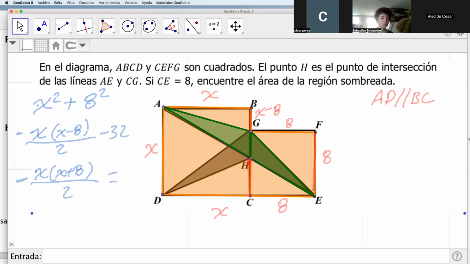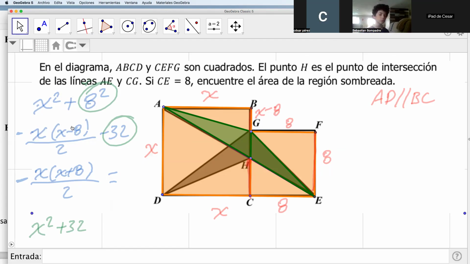We have this and this. We can join these two. Okay, let's make this part. We'll get x squared plus 32.